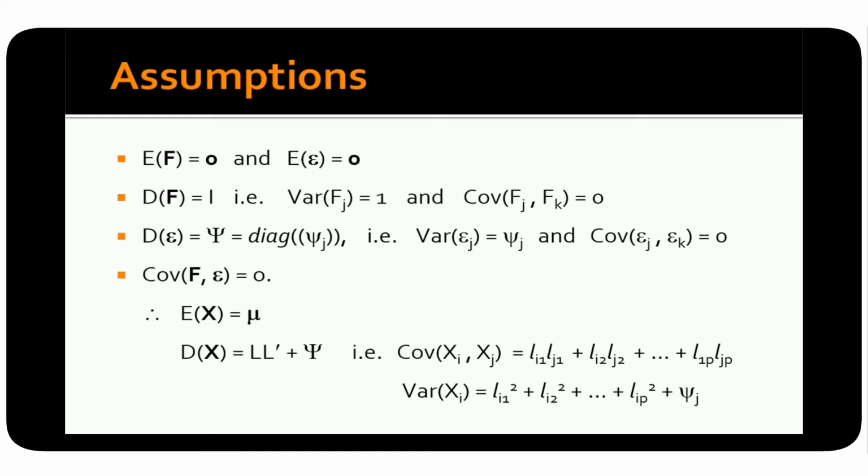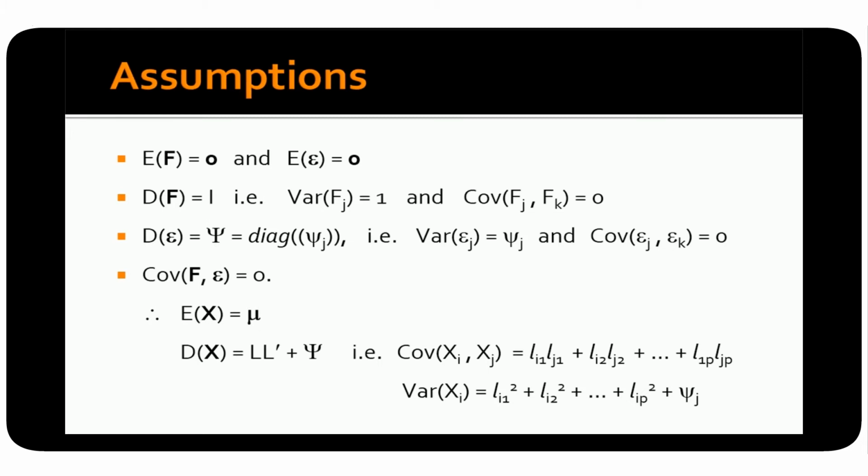So, again what we are assuming, and this is very logical, is that the different specific factors are independent of each other, and more importantly, they may or may not have the same variability. That is, diagonal elements are non-zero and they may not be equal to 1. So, unlike for the f, we are not assuming that the variances of the epsilon j's are the same.